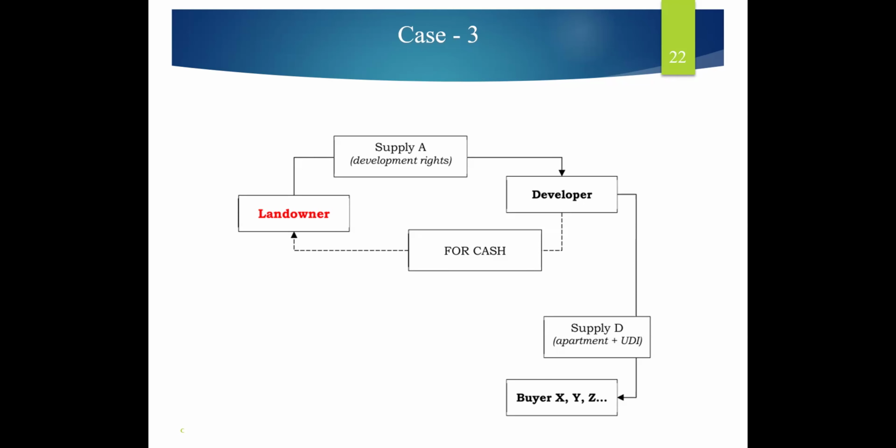The crucial thing that we need to discuss: is there any construction service? There is no construction service, because in area sharing, the landowner will keep some X share of the built up area. Because of that, there is a concept of construction service provided to the landowner.